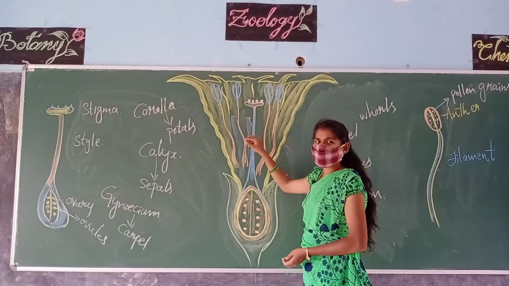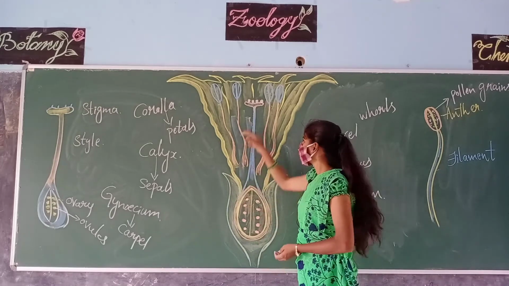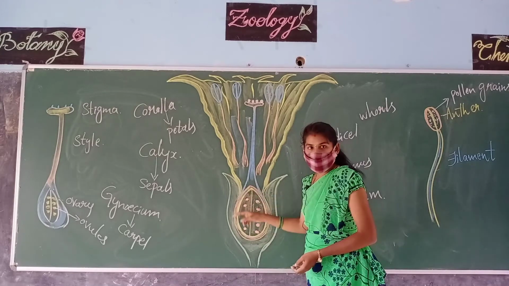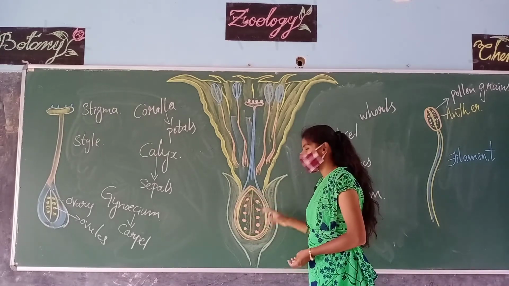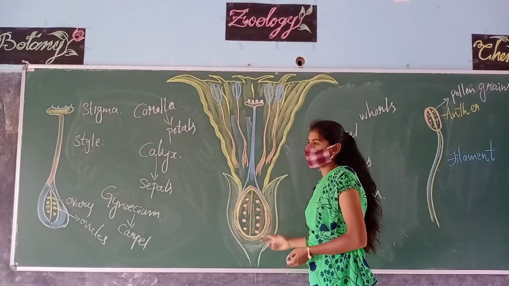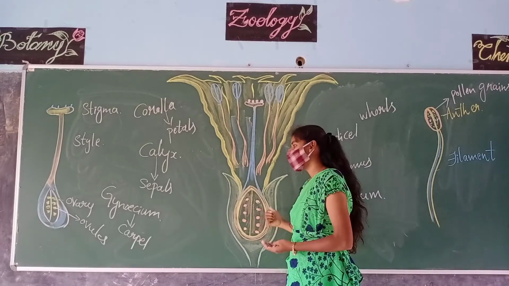Whenever they are traveling, these pollen grains are turned into pollen tubes, right? Finally the pollen tube, through this style, reaches the ovary, that is the ovule. Inside the ovary, ovules are present. To these ovules, this pollen tube is reached. That means fertilization has taken place whenever it reaches the ovules.